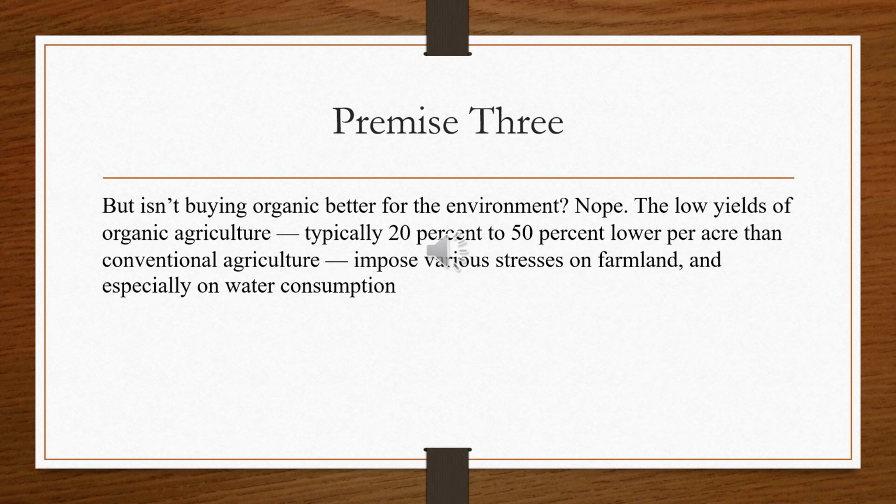And this has to do with the idea that organic farming uses a lot more water than regular farming and yet produces a lot less food in the end. So what we have here are three very different premises focusing on three very different aspects of organic fruits and vegetables. Now what we're going to do is put the argument together again in our simplified, paraphrased form in order to begin the process of evaluation.